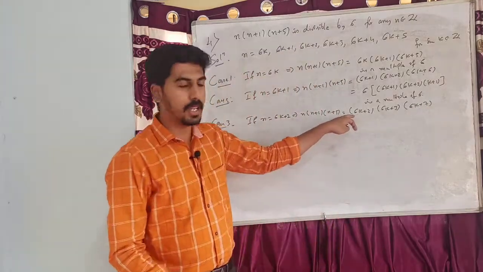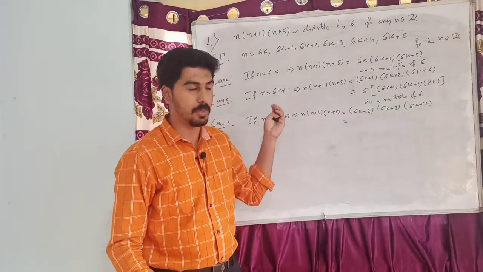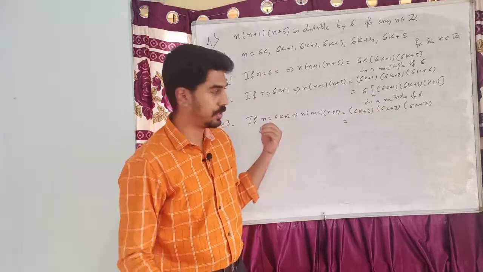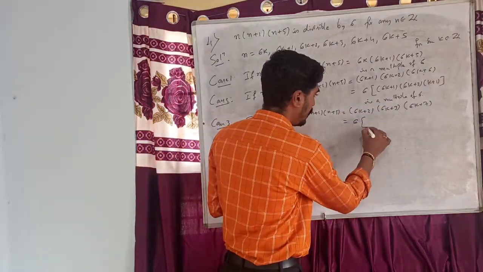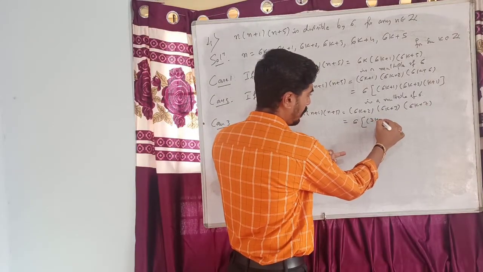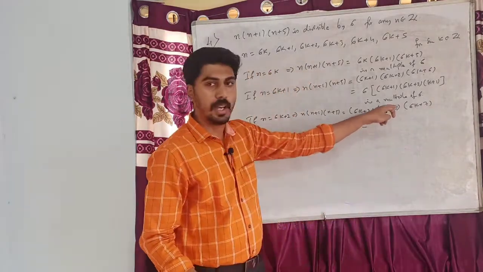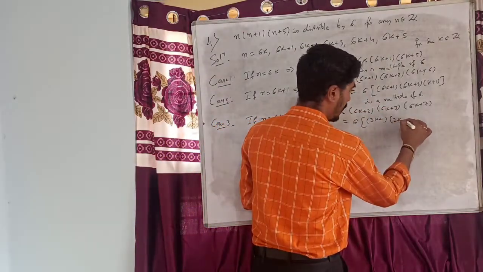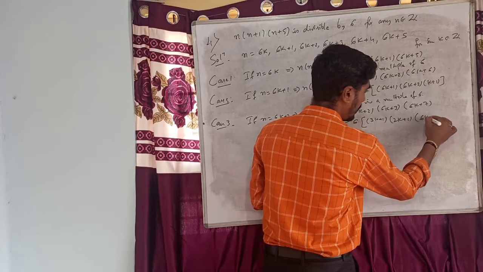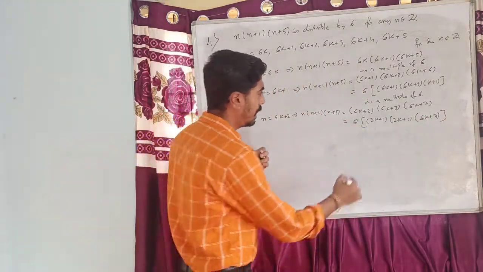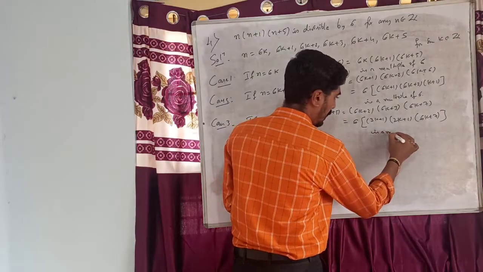In the first term I can take 2 as common, in the second term I can take 3 as common, so 2 into 3 will be equal to 6. 6 into this term will be 3k plus 1. As we are taking 3 as common, this term will be 2k plus 1, into 6k plus 7. Again it is a multiple of 6.